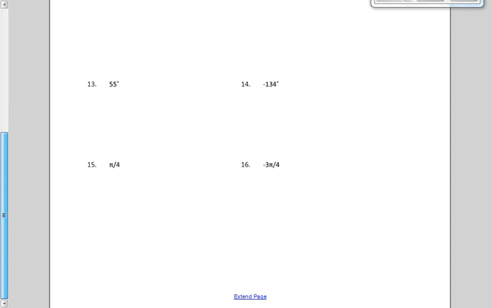When I come down here, all of these have degrees or radians on them. Let's try number 16 here. So negative 3 pi over 4. I'm going to try to stay in the same color we had here. And I'm going to add 2 pi to get my coterminal in the positive direction.